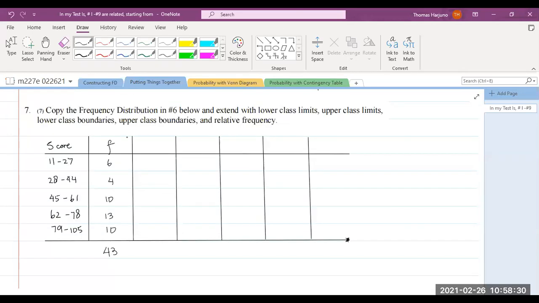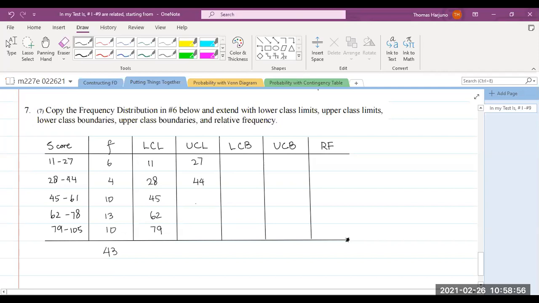Okay, this is the frequency distribution, lower class limit, upper class limit, lower class boundary, upper class boundary, relative frequency. That's 11, 28, 45, 62, 79, 27, 44, 61, 78, 15.